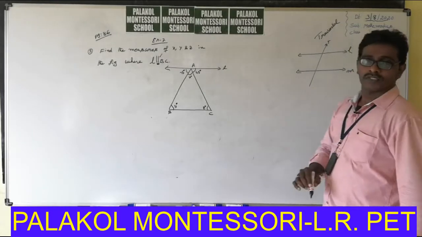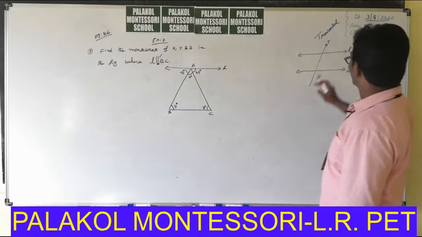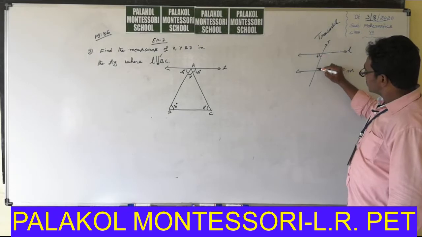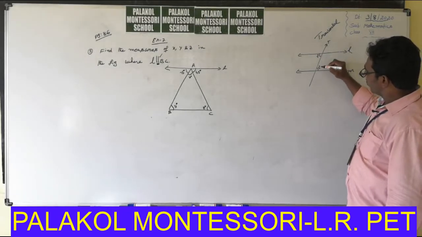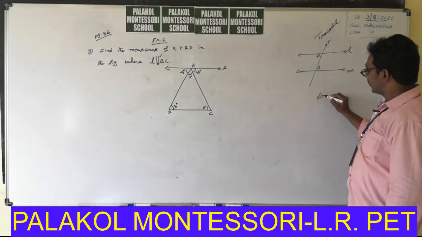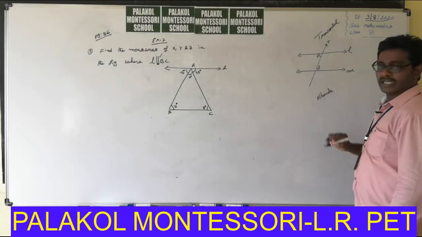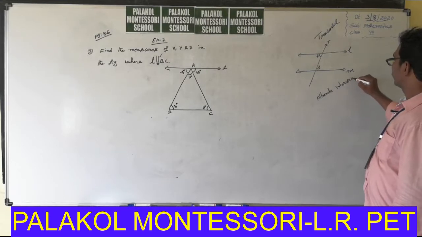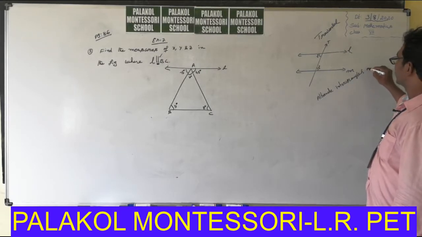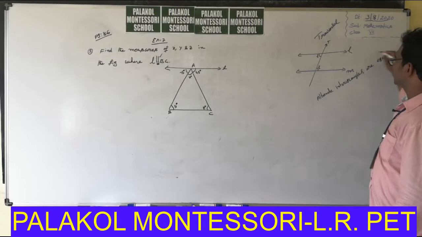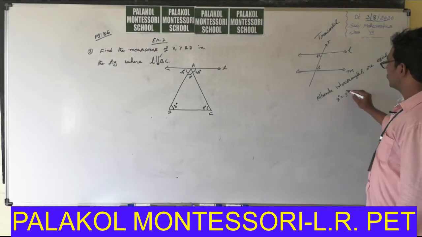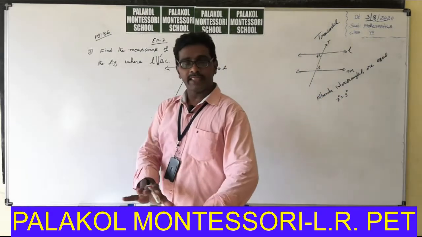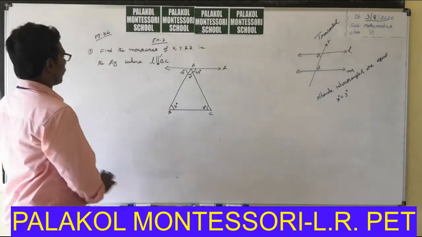These two lines are parallel. This side angle is equal to x, this side angle is equal to y. What type of angles are these? Alternate interior angles. Alternate interior angles are equal. That simply means x degrees is equal to y degrees. This concept applies here, and you get it easily.